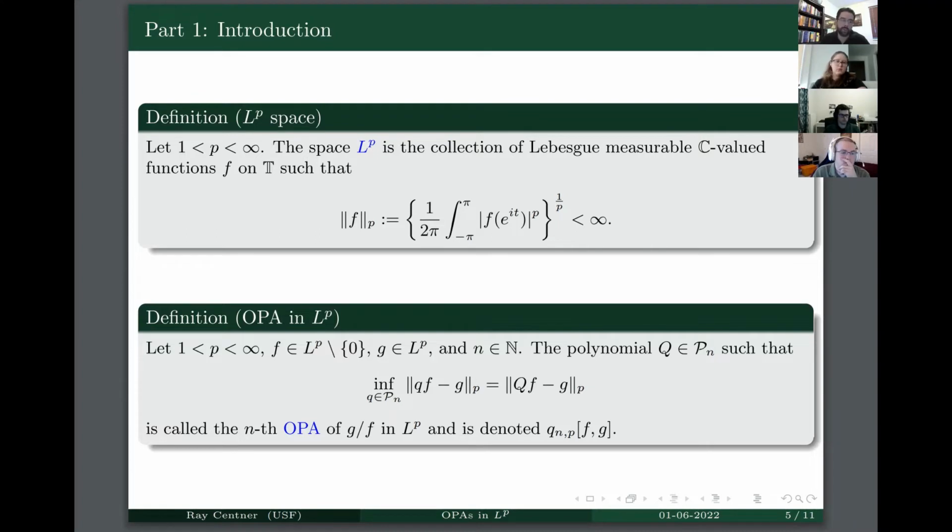Uniqueness does not hold if you consider the case of 1 and infinity, which I'm not going to for the purpose of this talk, but there are a lot of interesting questions that you can ask in those particular cases. For the purpose of this talk, I want to investigate this unique polynomial q, which I'm denoting little q n p f g.